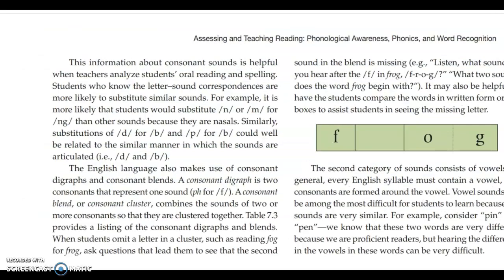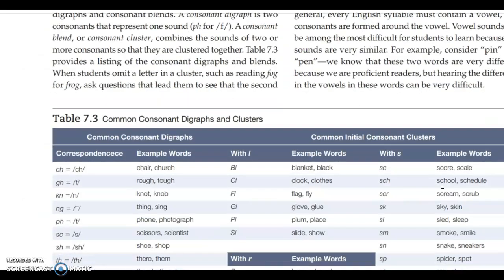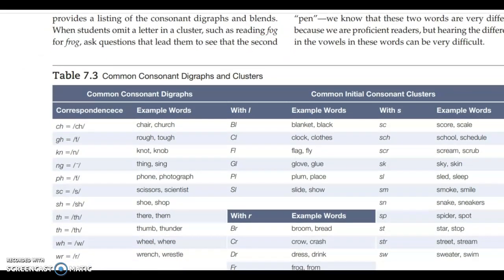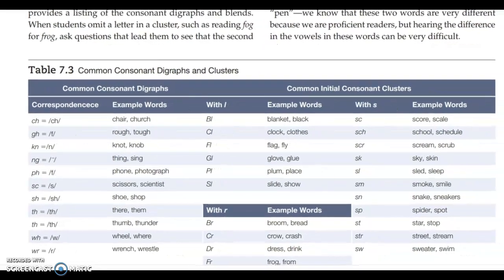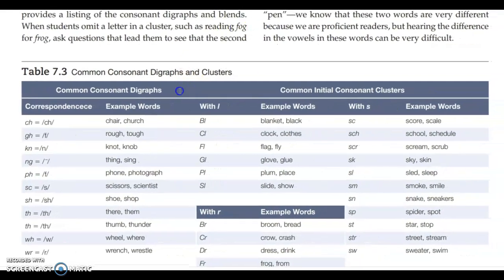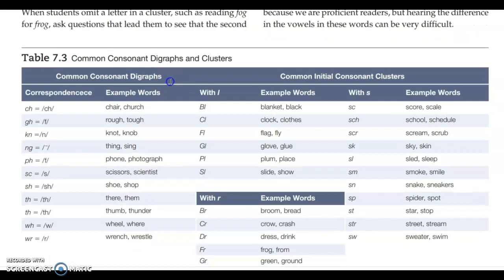And then the next couple of tables that they talked about, and I know I'm not lined up, of course not, because every page is different. I swear it does this just to annoy me. So here are some consonant digraphs and clusters. So some digraphs would be, CH making the ch sound, GH making the f sound, like in the word rough, right?